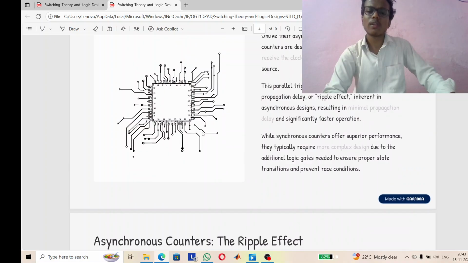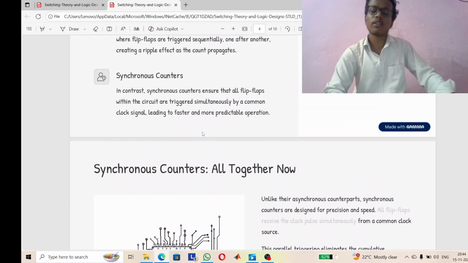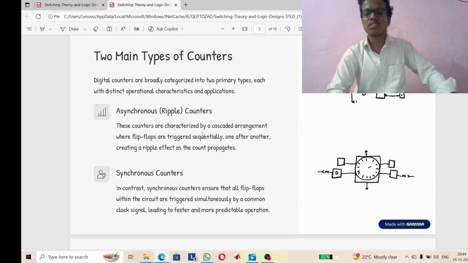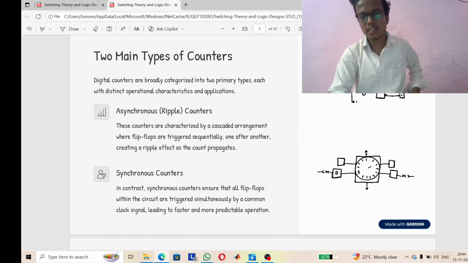This is also one of the diagrams of the synchronous counter. These are some of the simplest diagrams of asynchronous counters as well as synchronous counters. See the diagram of the asynchronous counter.